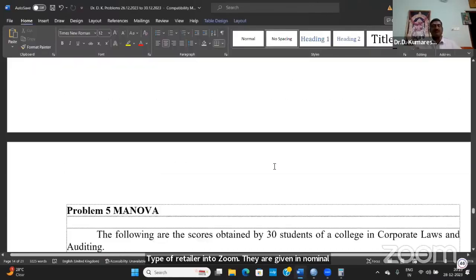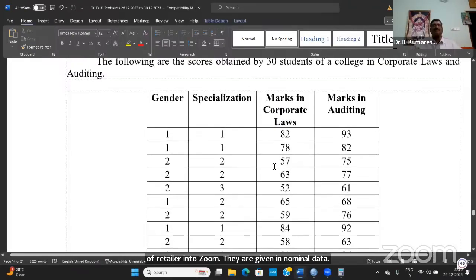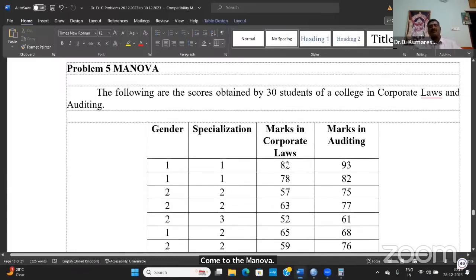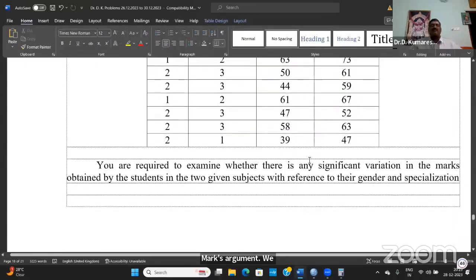Come to the MANOVA. Here, the following are the scores obtained by 30 students of your college in corporate laws and auditing. There are two subjects. Marks are given. We are going to compare.